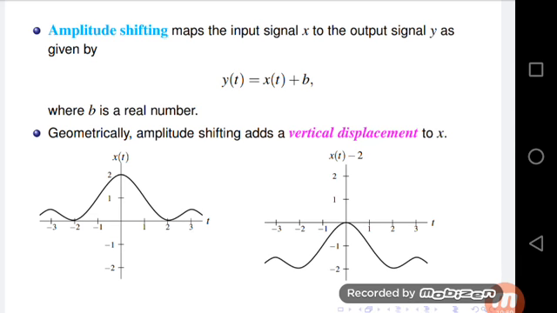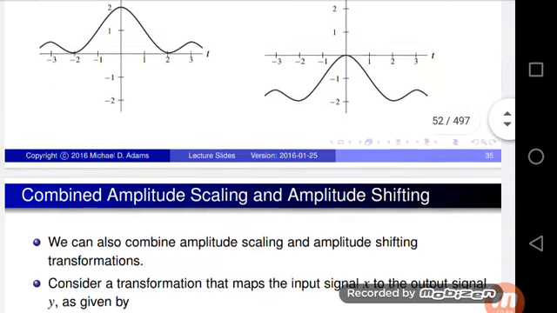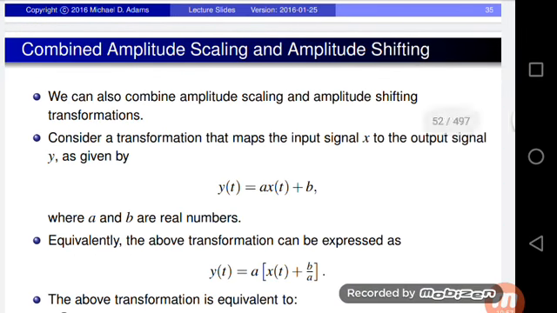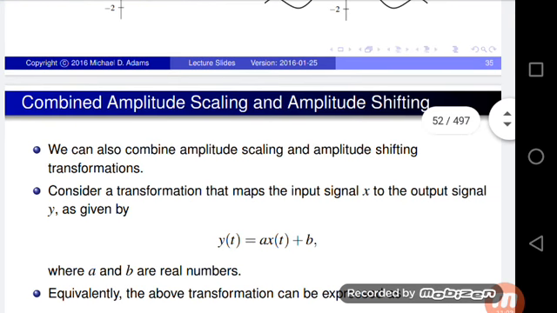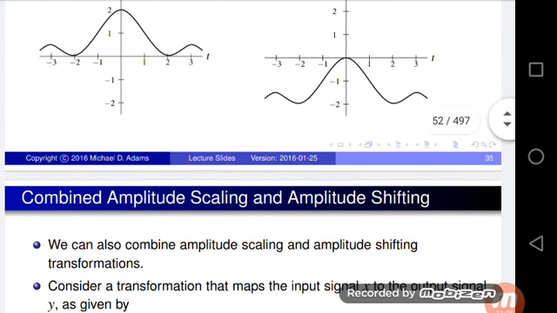In combined amplitude scaling and shifting, when we apply multiple operations at a time, the signal will be compressed or expanded, reflected, and the phase of the signal shifted to either the positive side or the negative side.